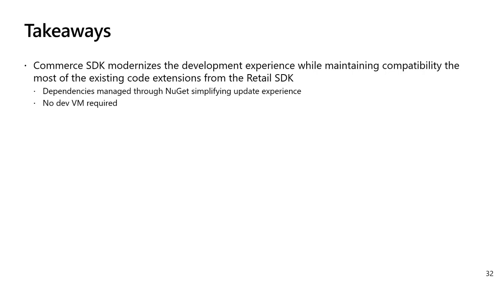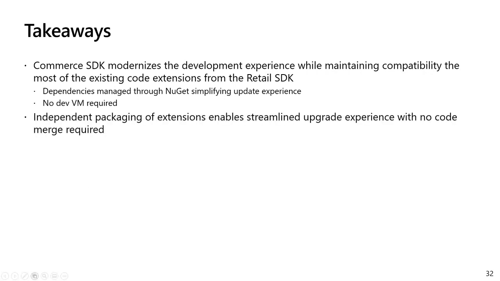But we've maintained a lot of the existing functionality and extension model for the runtime extension. So from a code change perspective, there should be minimal change required to migrate to the Commerce SDK. It's more about a streamlined packaging and installation process.